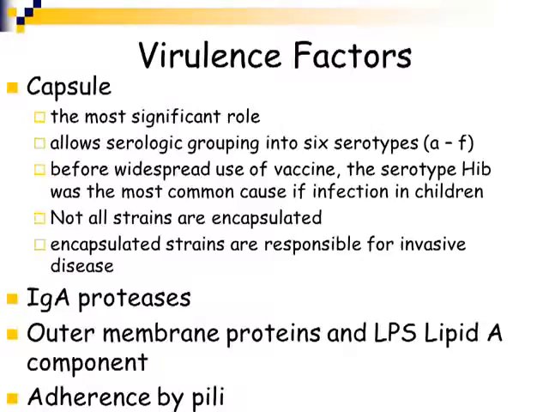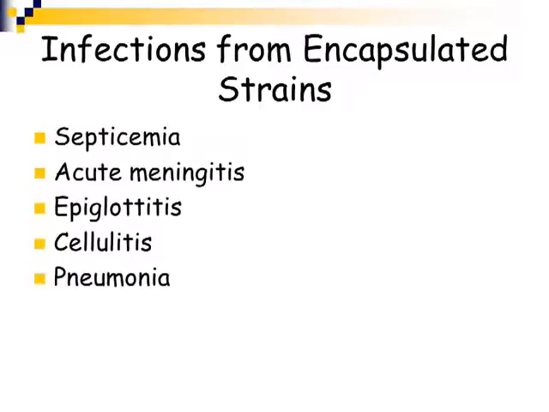Not all Haemophilus influenzae strains are encapsulated though. However, those that can produce a capsule are responsible for the invasive diseases. Other virulence factors include proteases. It's a gram-negative organism, so it produces lipopolysaccharide or endotoxin, and it has pili to adhere to host cells.